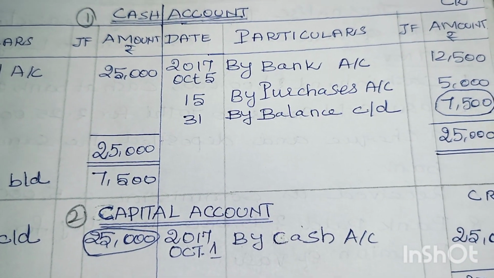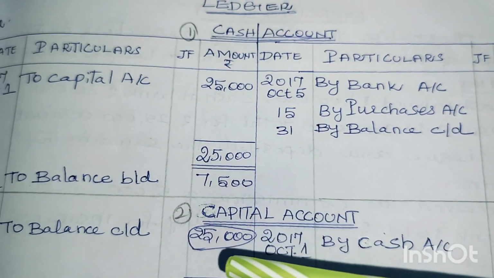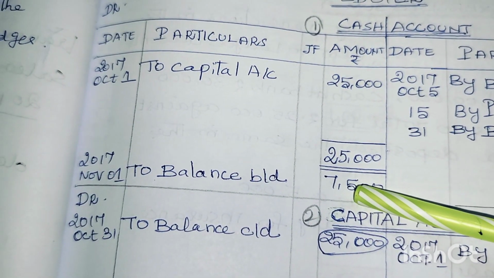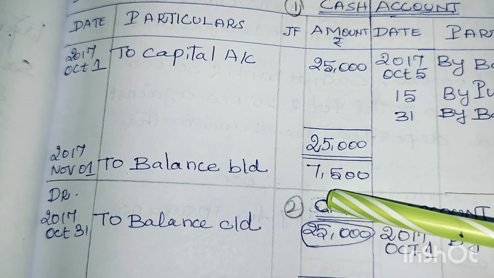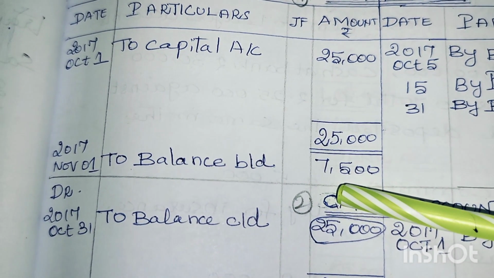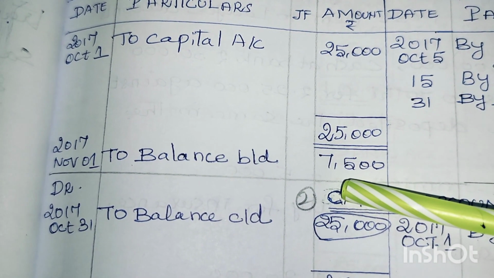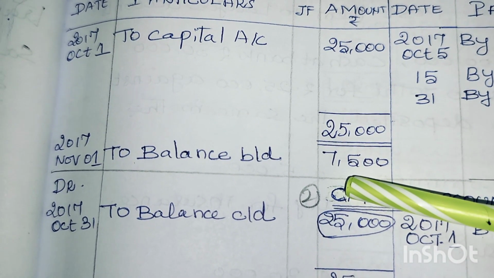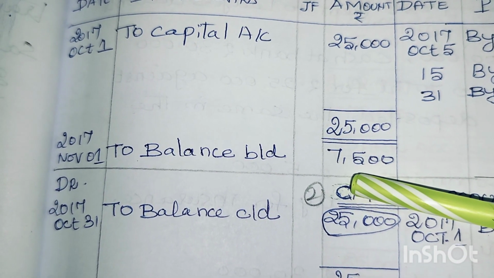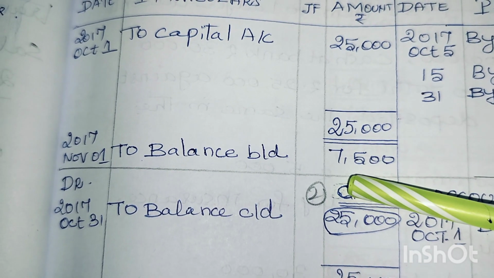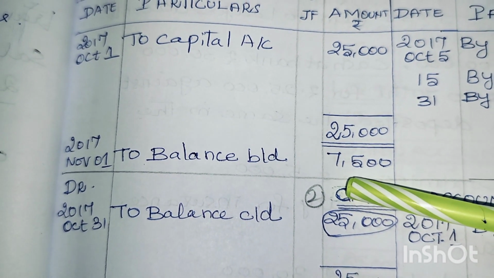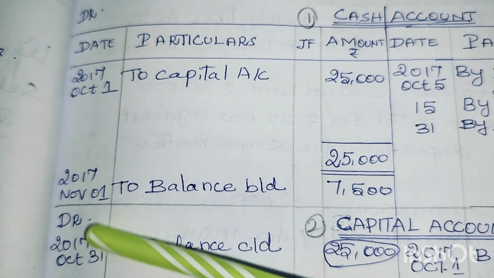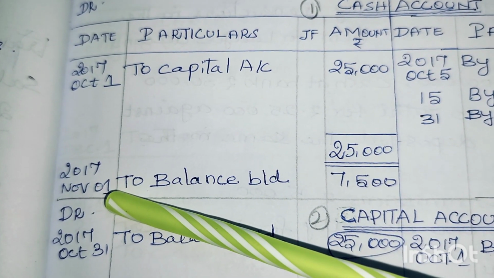Now the difference has to be brought down to the opposite side to enter below the total. Then the balance brought down is to be entered in the particular column against the difference, and in the date column the first day of the next accounting period is entered, that is November 1, the next accounting period.